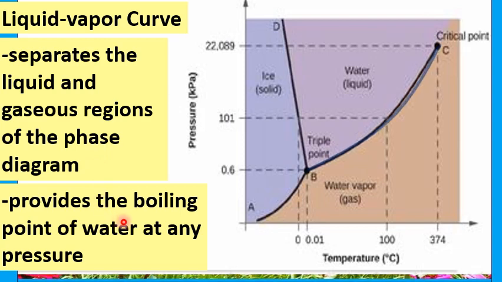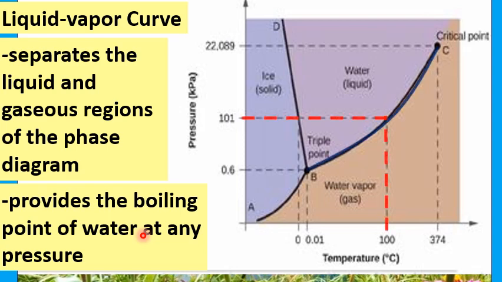And it also provides the boiling point for water at any pressure. For example, at 1 atmosphere or 101 kilopascal, the boiling point is 100 degrees Celsius.